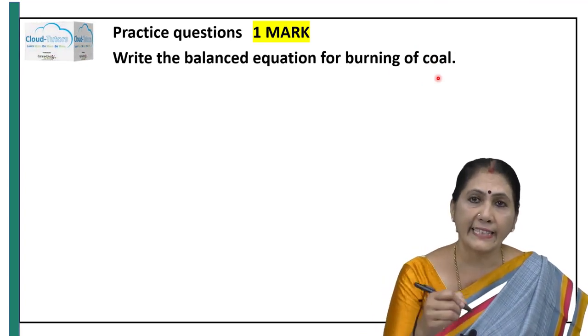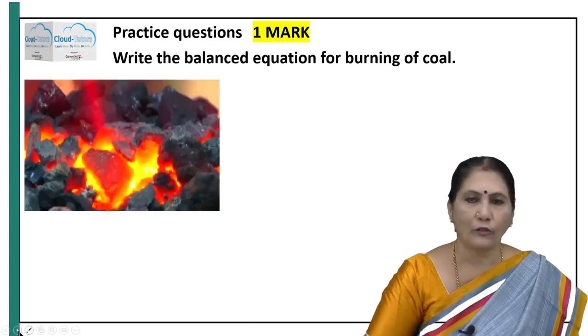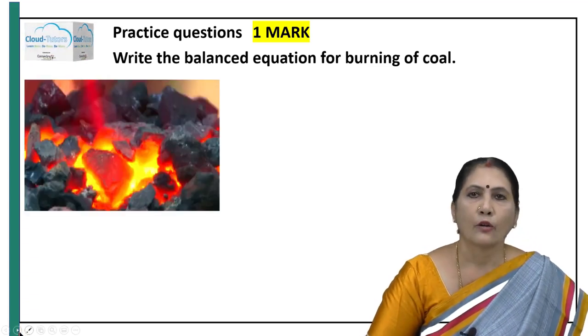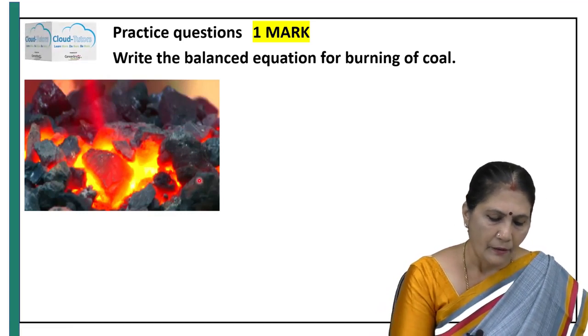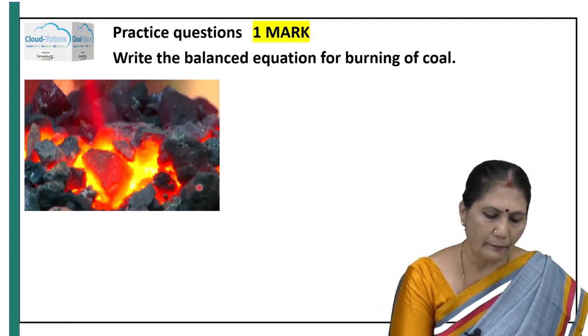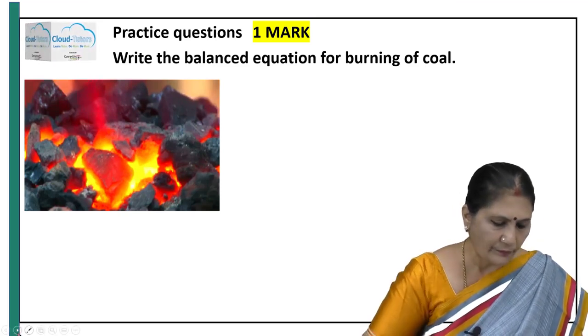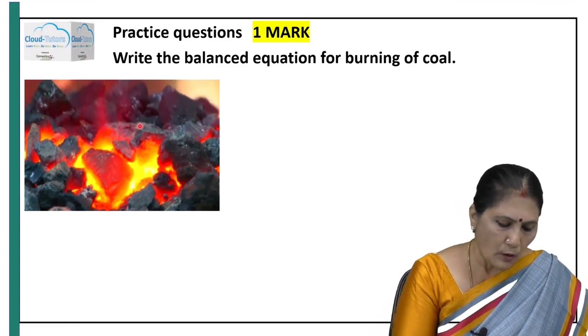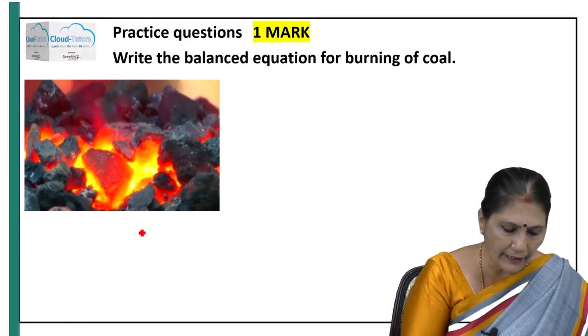First, let us observe the phenomenon of burning of coal. These are the blocks of coal you are able to see, and it is getting burnt. Now, this particular equation has to be written.